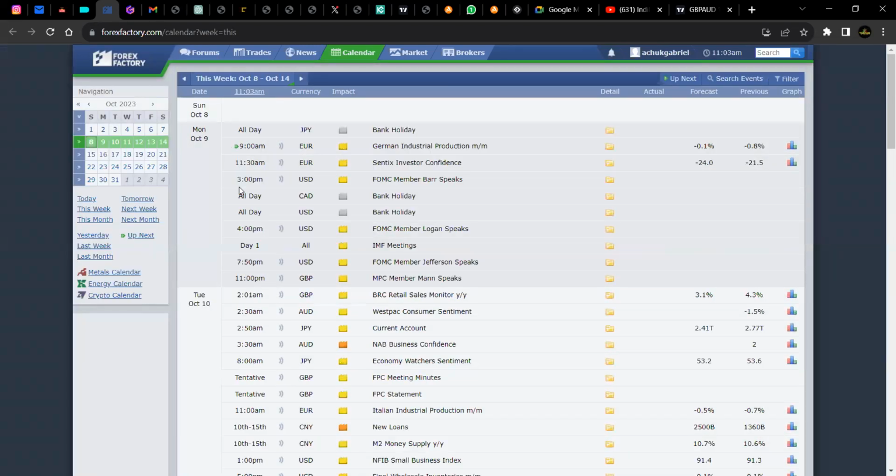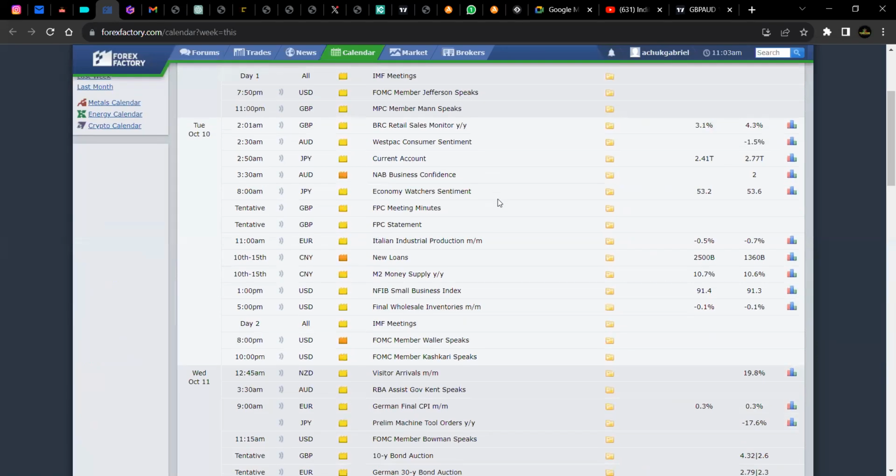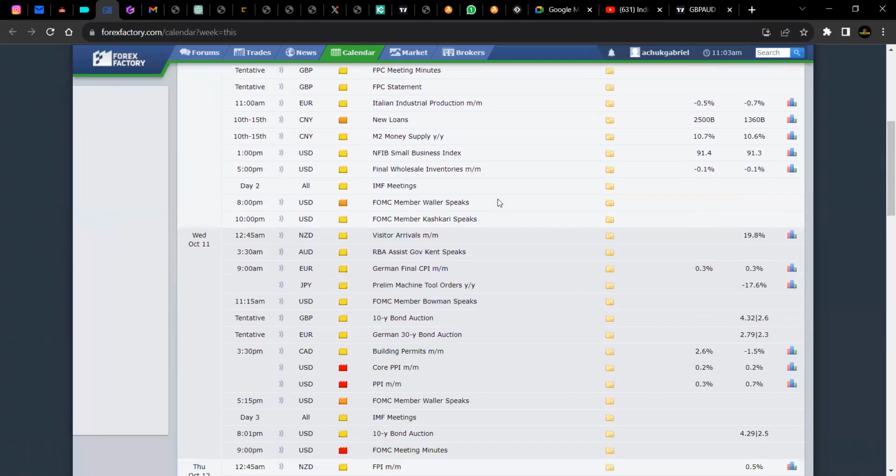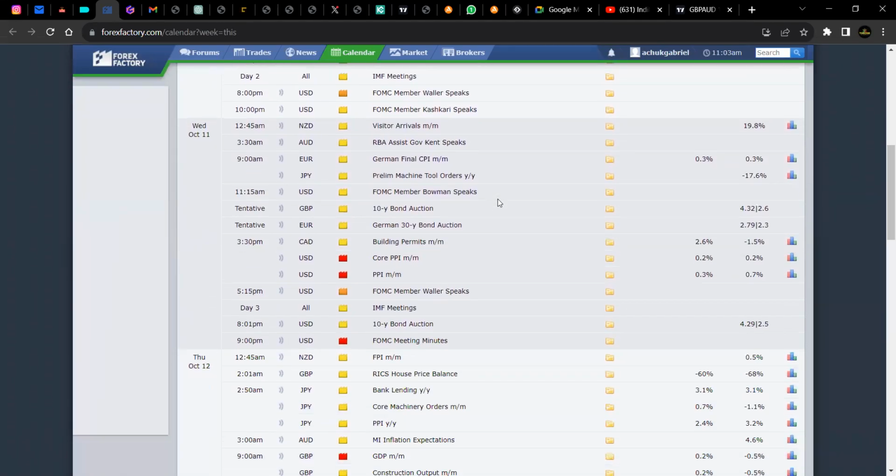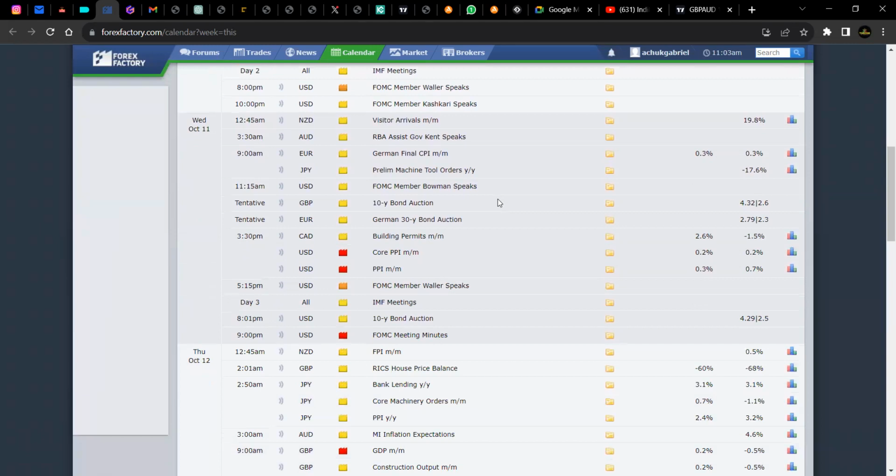Okay, so on the 9th of October, Monday, we don't have a lot of major impact news. Going on to Tuesday, we also don't have much. And then Wednesday, that's when we have the US CPI, the core CPI, so we know exactly the direction of the dollar index on the bigger picture.